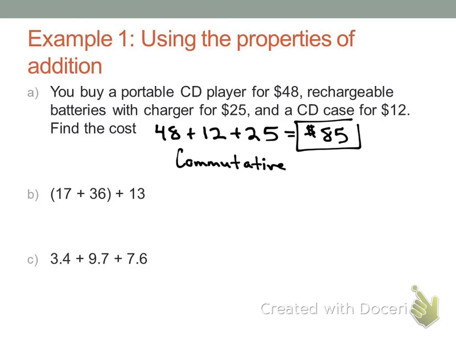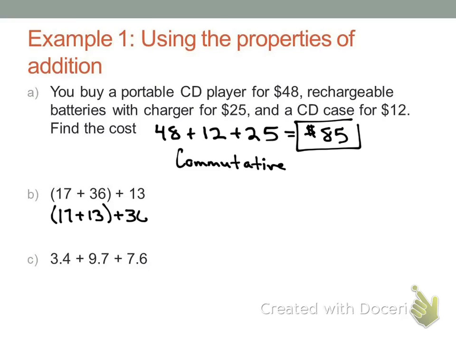So what shortcut could we use on B? Amelia? Yeah, associative. So how could we group them? You can put 17 and 13. Very good. 17 and 13.